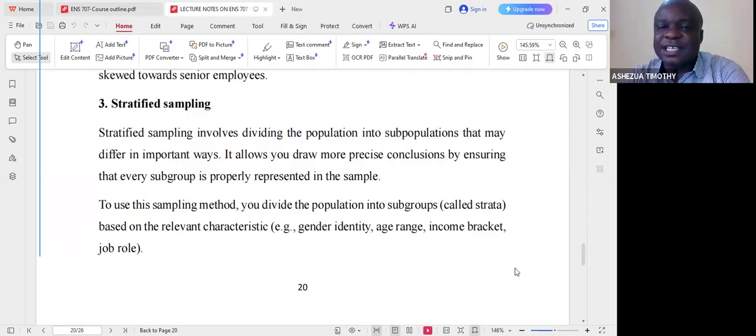For example, gender identity, that is whether you're male or female, age range, maybe people between 10 to 20 years, 20 to 30, 40 to 50, 50 to 60 years old, income bracket, those collecting salary between 30,000 to 40,000, between 50,000 to 60,000, or from 70,000 to 80,000.